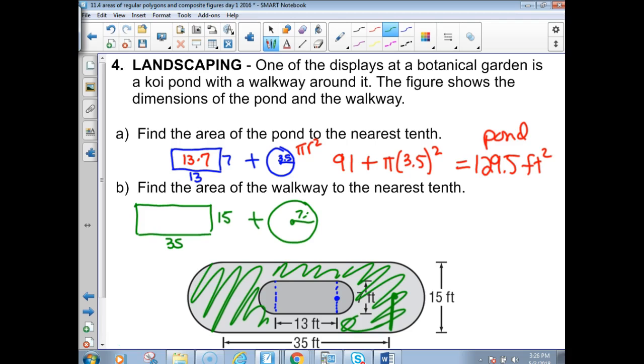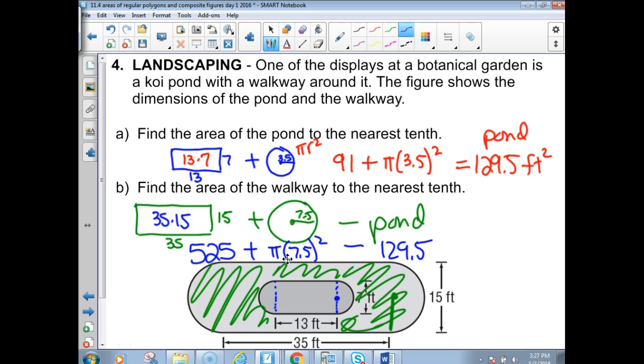Yep, 7.5. Once I do that, I got to take out the pond, minus the pond. So I do 35 times 15, plus pi times 7.5 squared, and then I subtract the pond, 129.5. What's 35 times 15, please?